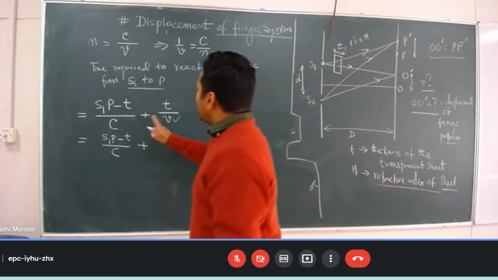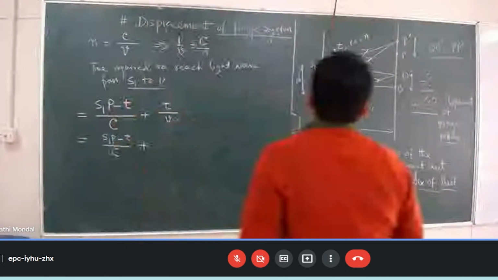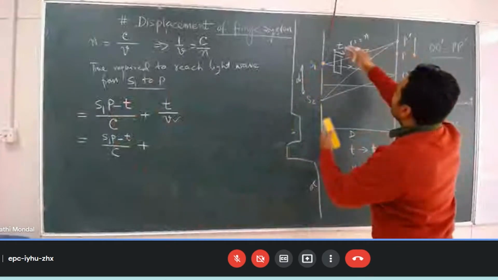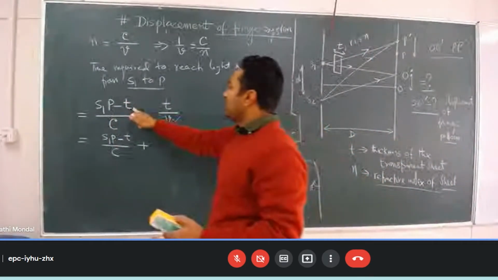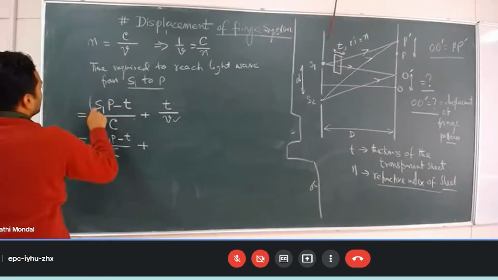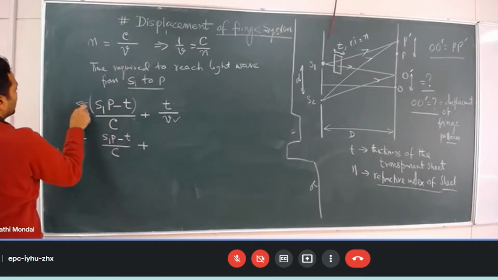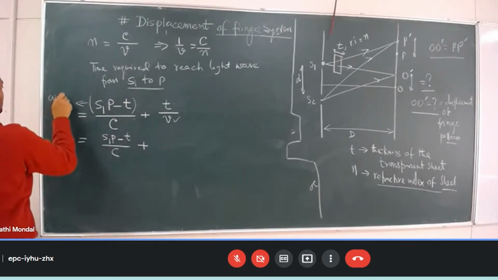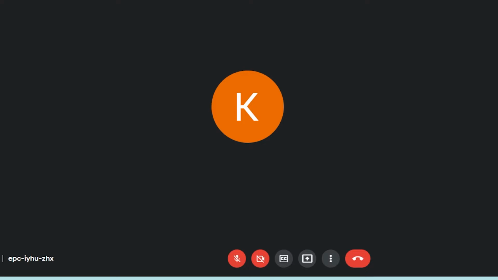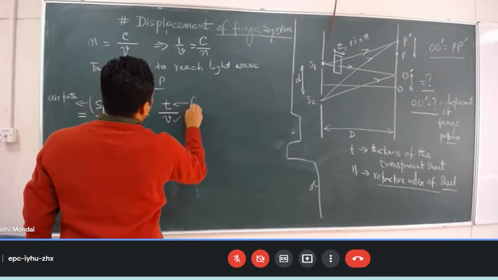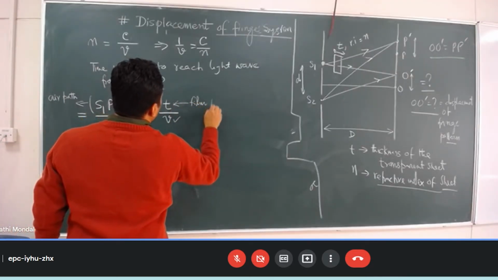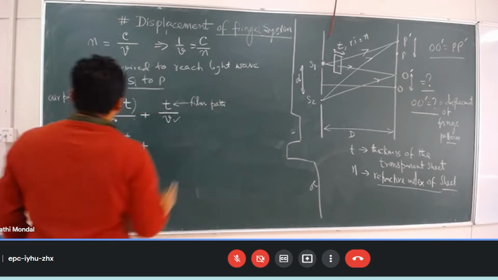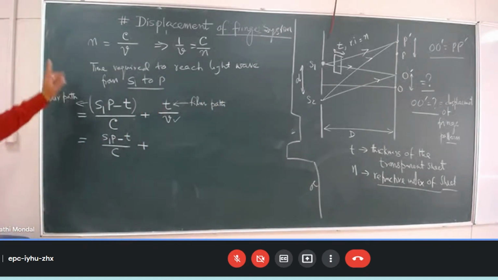So how much path is left? S1P minus T is left, which is in the air. This is the air path, and this is your film path. How much time will it take to cover the air path?